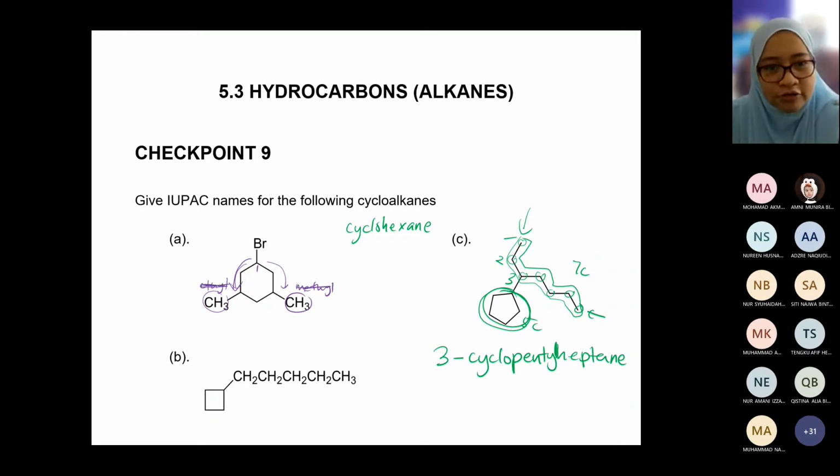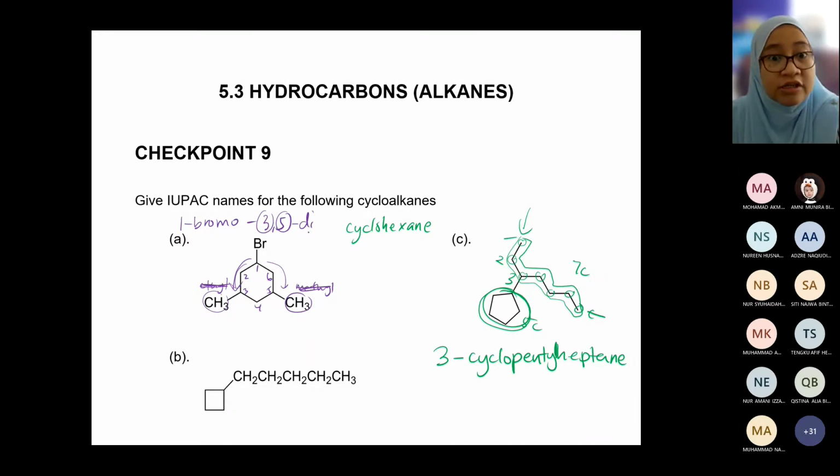Ada contoh. Alright, so 1, 3, 5, so 1, tadi apa? Cyclohexane. Number 2, number 3, number 4, number 5, number 6. So 1 bromo. Then number 3 and number 5, right? 3, 5, so kita ada dua number di situ, so di. Okay, don't forget the di.